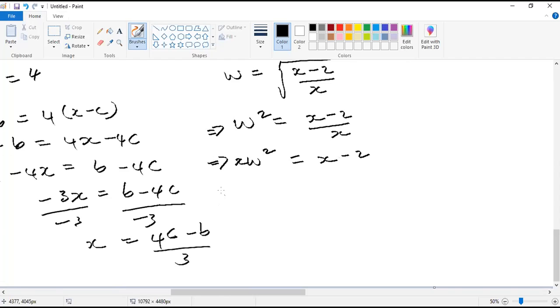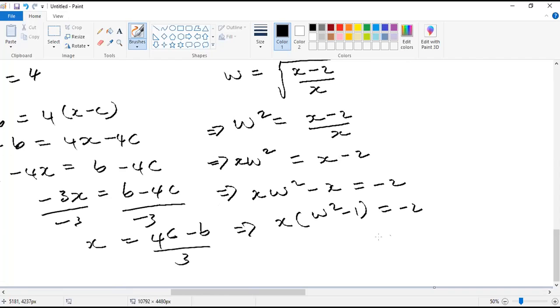And then we factorize and we get the x. And then we'll divide both sides by w squared minus 1 and we get that. That's that. You got that one? Yes, got that one.